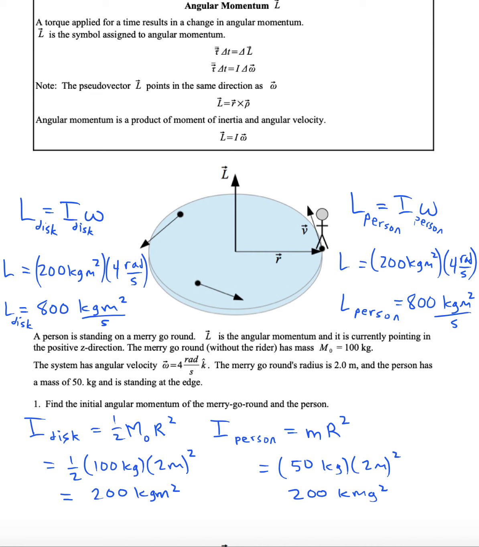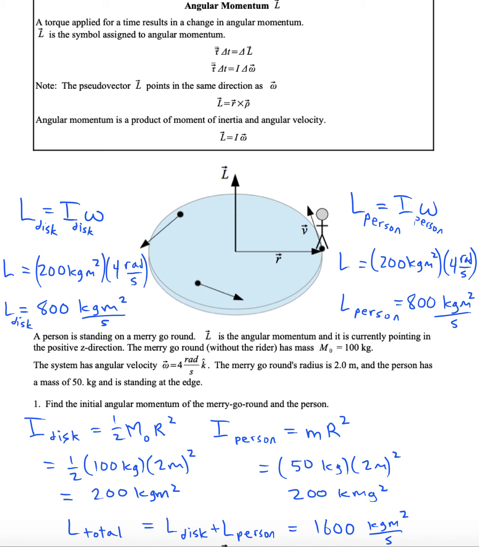Now let's add these two together in order to get the total angular momentum. It's going to be 1,600 kilogram meters squared per second.